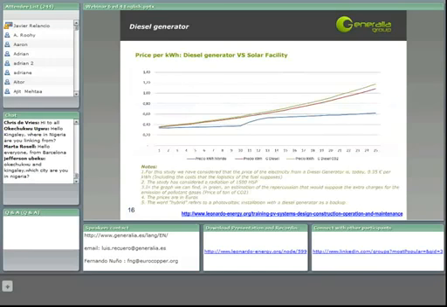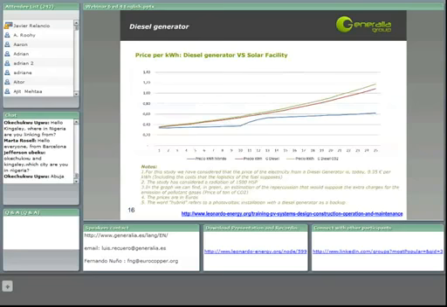Here you can find an example of the price of the energy produced by a solar plus facility and by a diesel generator. Please take into account all of the notes that I am not going to read that are at the bottom of this slide. Some of them will be that the prices are written in euros.